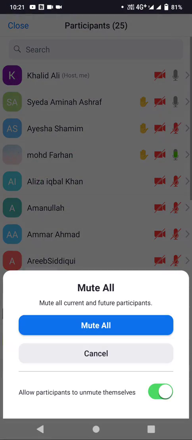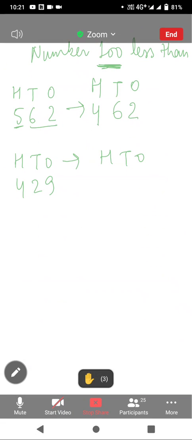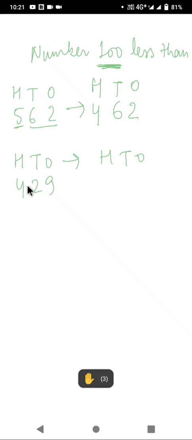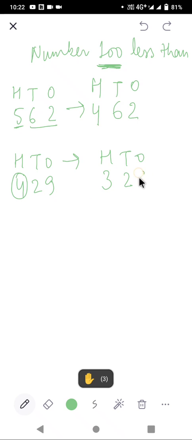Yes, very good, 329. Just subtract 1 from the 100 place digit. So the 100 place digit is 4, and 4 minus 1 is 3. Okay, and the 2 we will write as it is, and 9. So 100 less than 429 is 329.